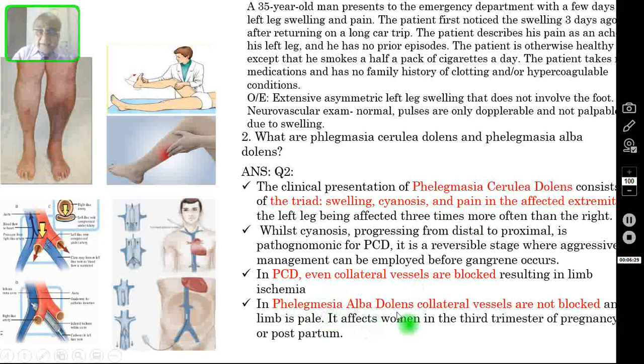Whereas in phlegmasia alba dolens, there is also blockage of the iliofemoral vessels, but the collateral vessels are not blocked here, and the limb will be pale in color and not violet or cyanotic. It affects women in the 3rd trimester of pregnancy or during the postpartum period. This is phlegmasia alba dolens.